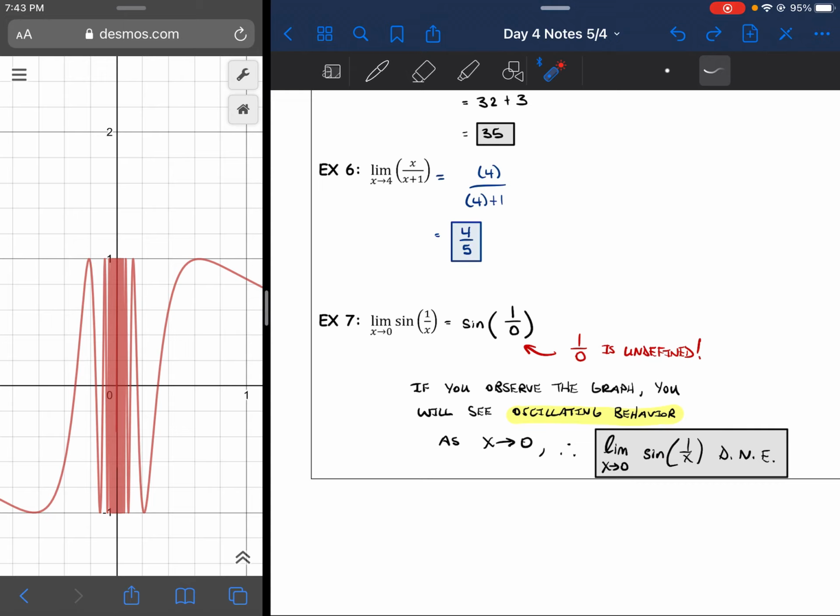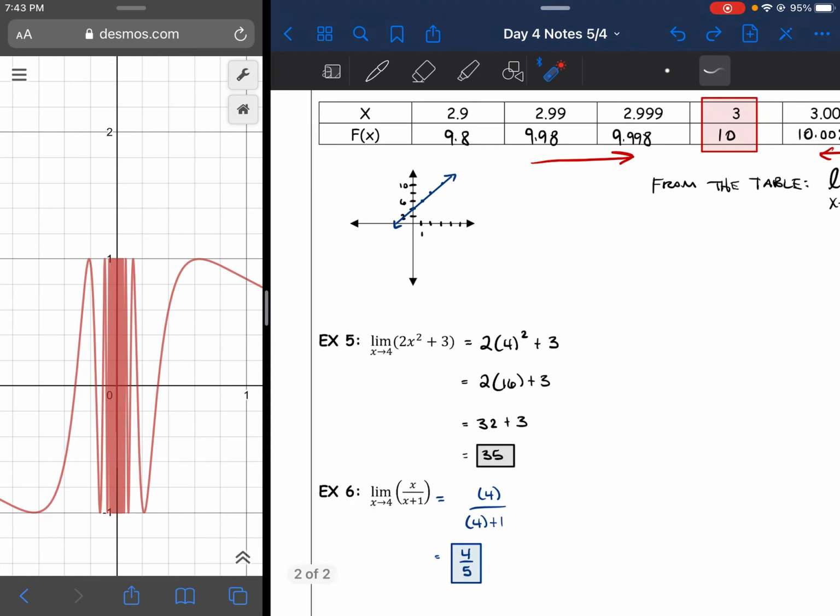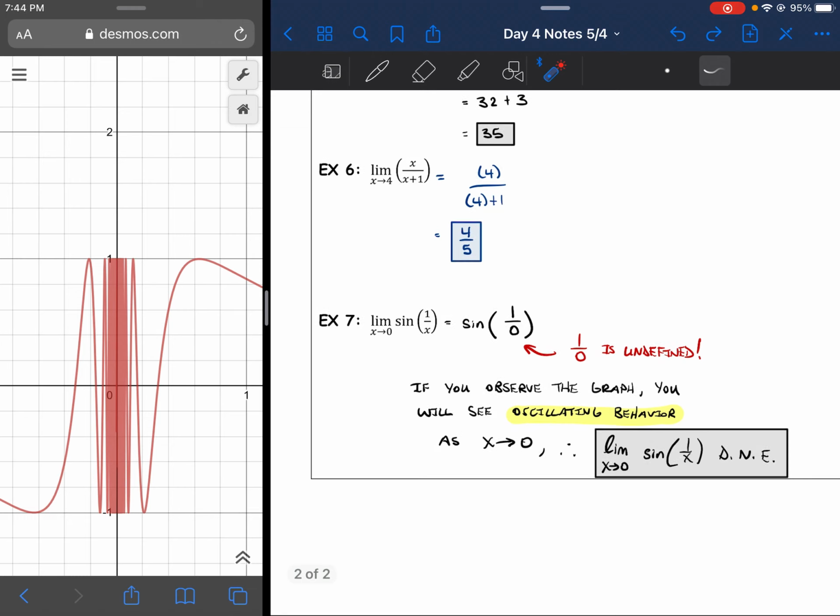Therefore, the limit as x approaches 0 of the sine of 1 over x does not exist. Okay, so that's what we mean by, if you can evaluate the limit by substituting the value of c into the function, then do so. It'll work for several examples, but when you get these undefined terms, these terms where something is being divided by 0, then simply substituting the value of c into the function is not going to work.